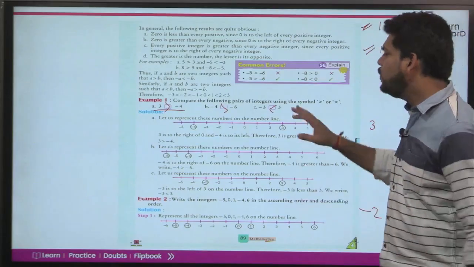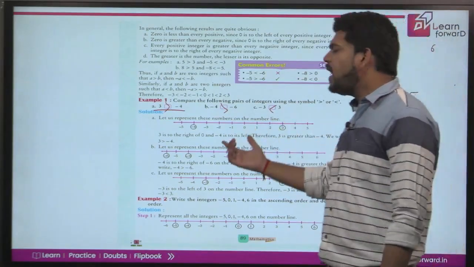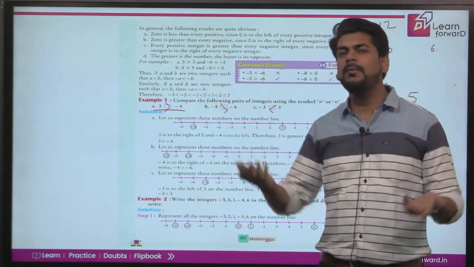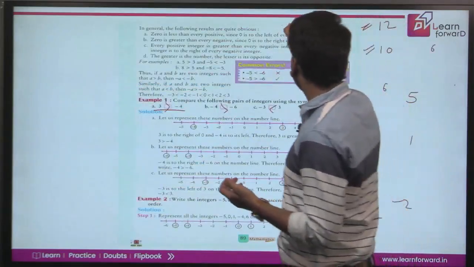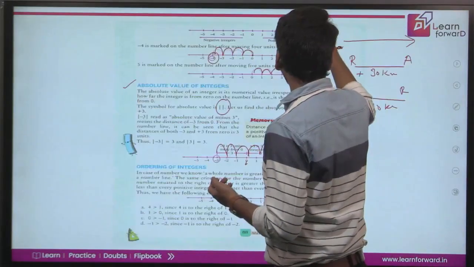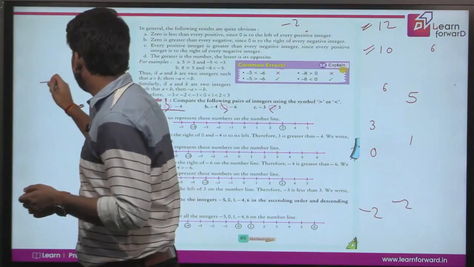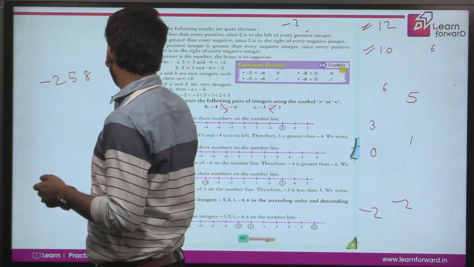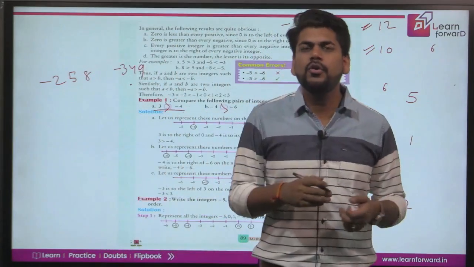You can use the number line, but the number line has a restriction. We can draw the number line for a maximum of 15 or 20 numbers. But if the numbers are -272, or -258 and -349, obviously it's not possible to draw them on a number line.